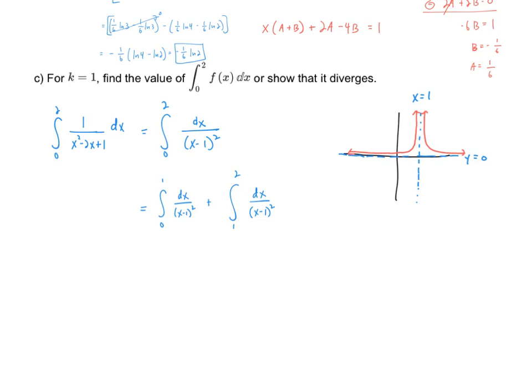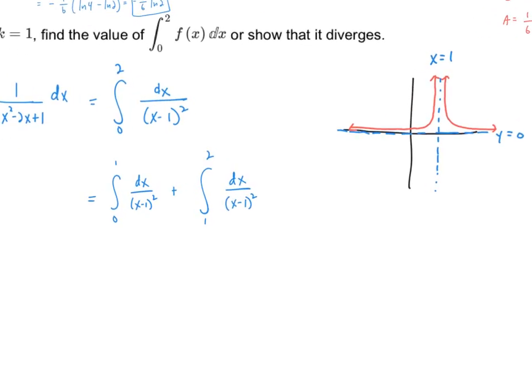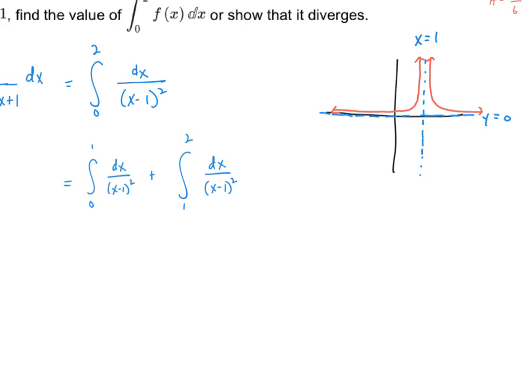Okay, but what that means is, look at this integral. This first integral is from 0 to 1. So we want to find all this area from x equals 0 to 1. We could do limit as, is it t or x?